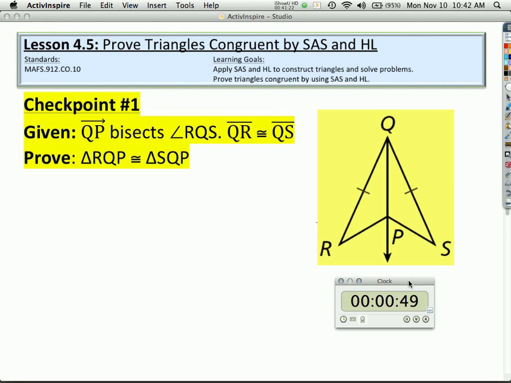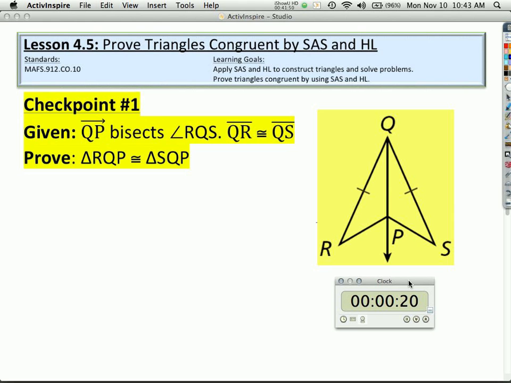So we didn't finish the picture. So we already got that's one piece. So what's the second piece? How would you write it? Because QP is bisecting the angle. I'd say that's the side, and angle on another side. So we've got one piece of it.